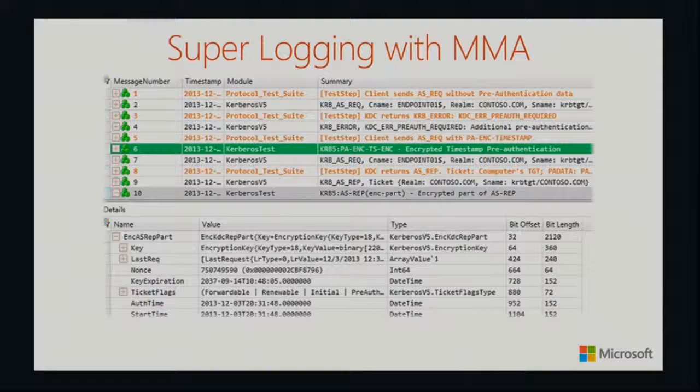The black one is the network messages, and the green one is the messages before encryption. And the last part is the messages after decryption. So we can use MMA to see the different test messages, and Tenda will give us a demo showing how, before the test, we can open MMA and start a trace. Then after we finish the test, we can use MMA to view the different test messages and also the network messages.